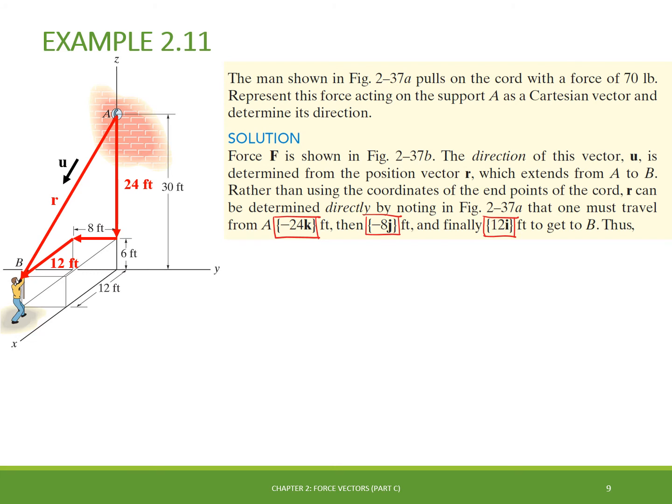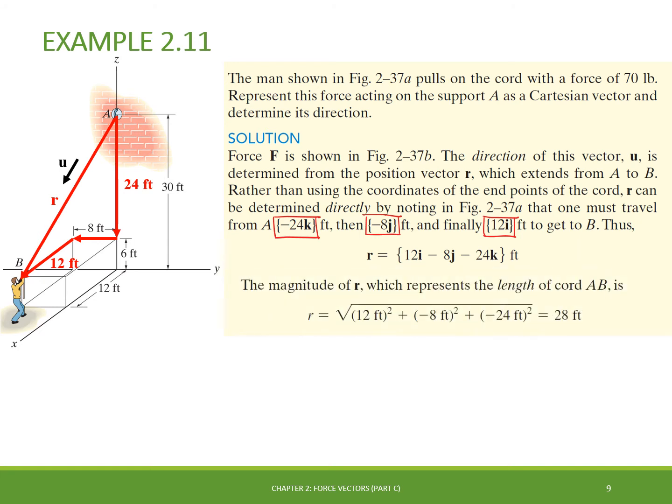Then, joining these pieces together, this is the result for the Cartesian representation of the position vector.